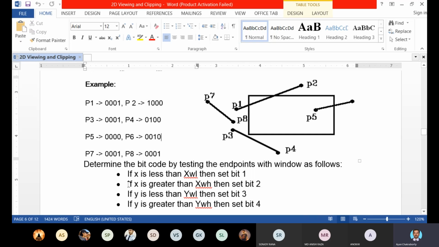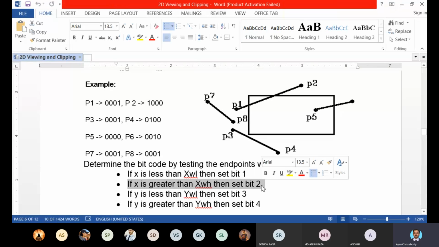If X is greater than XWH, then set second bit as 1. The logic was that if the point is at the right side of the window, then the second bit will be 1. Mathematically we have represented it like this.